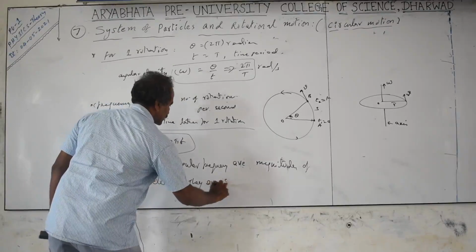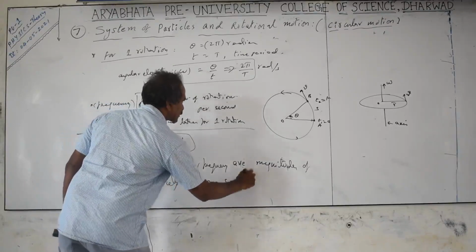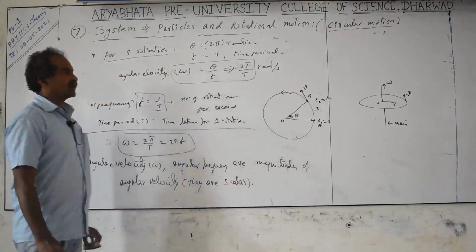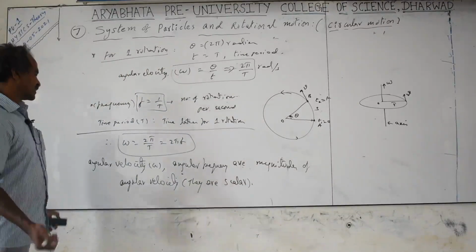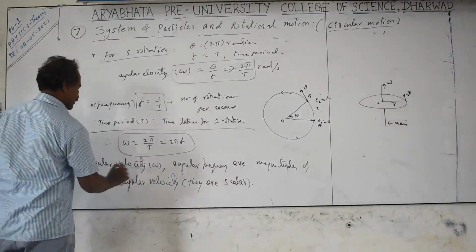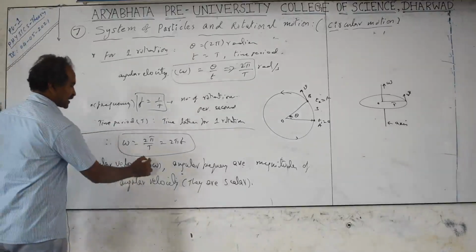They are scalar. Velocity is a vector. Velocity magnitude means value only. We can also call it a speed. That is a scalar quantity. So angular velocity, if we are using velocity, means that is supposed to be a vector.